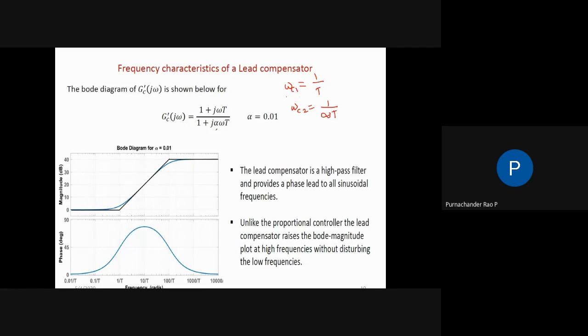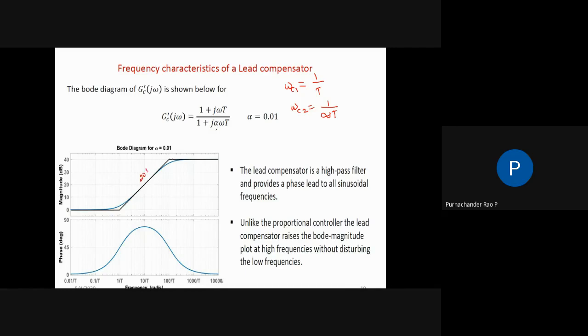The first corner frequency is in the numerator term, and therefore below that corner frequency our Bode plot will provide 0 decibels. After that, since this is a 0 in the numerator term, it will provide a positive dB slope of 20 dB per decade.